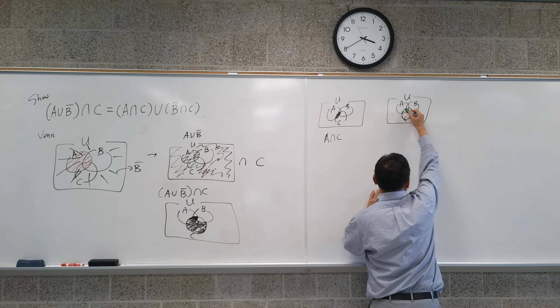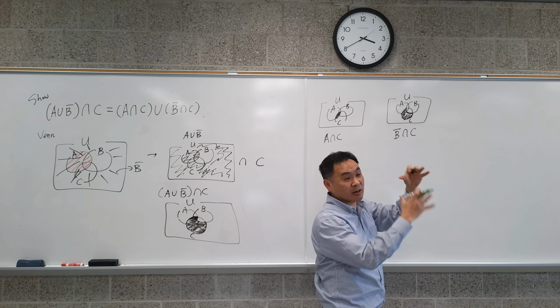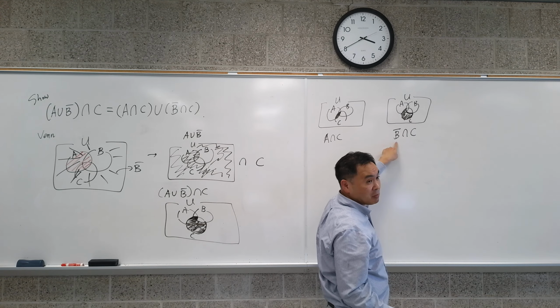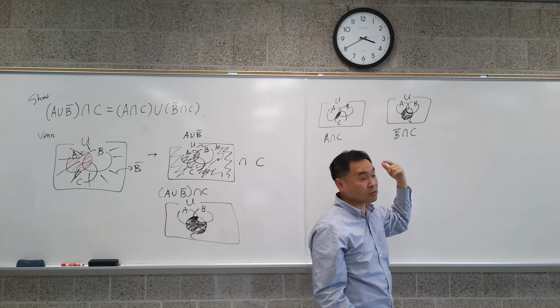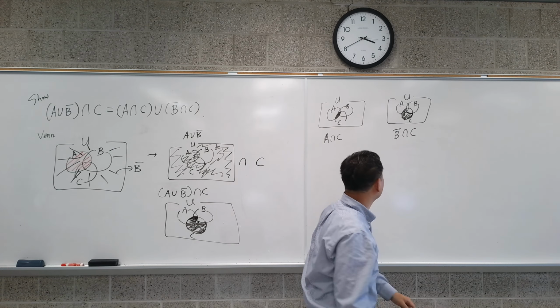That's going to be B bar intersect C. So intersect C means you're only looking at the ones that are inside C, but B bar means it has to be outside of B. So these are the ones.